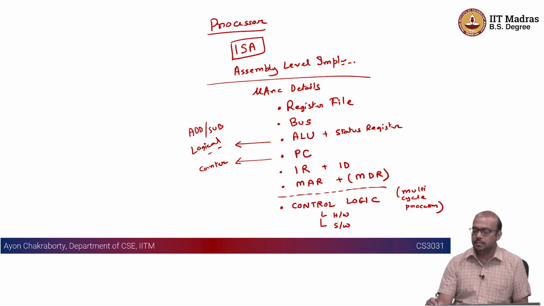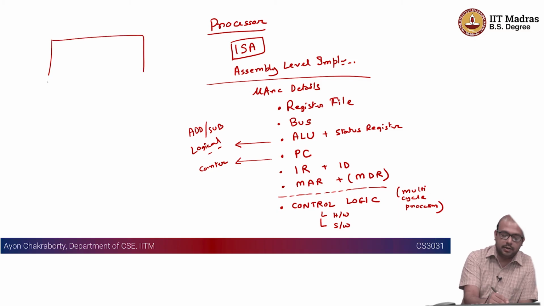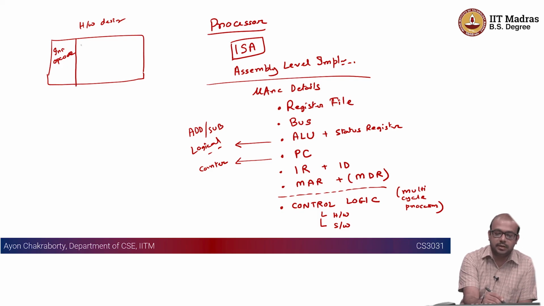Control logic, you can either implement it in hardware, which is going to be kind of an exhaustive design, where you have the various micro instruction outputs, basically you have a truth table in the hardware design. If you remember, there was an instruction opcode. For every opcode the micro instructions are going to vary, and within that opcode you are going to have a series of steps, and every step is indicated by the T state.